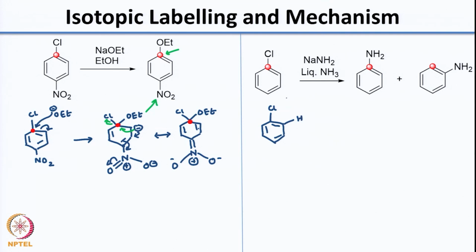So when you have your base here, it will abstract a proton. Sorry, not a product, it will give you an intermediate, and this intermediate is called a benzyne intermediate.